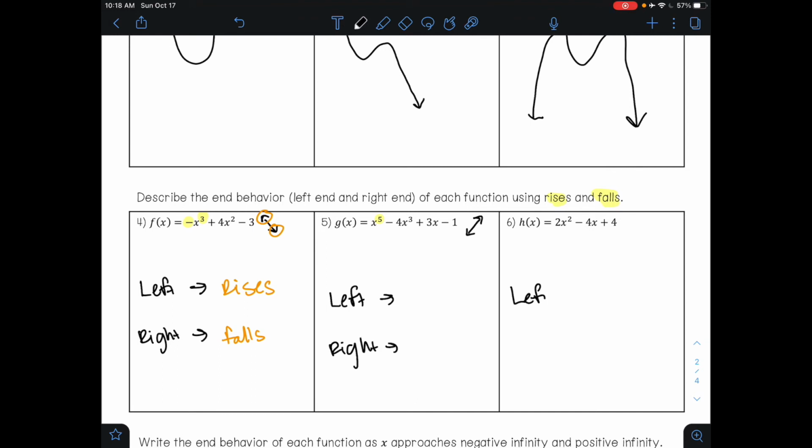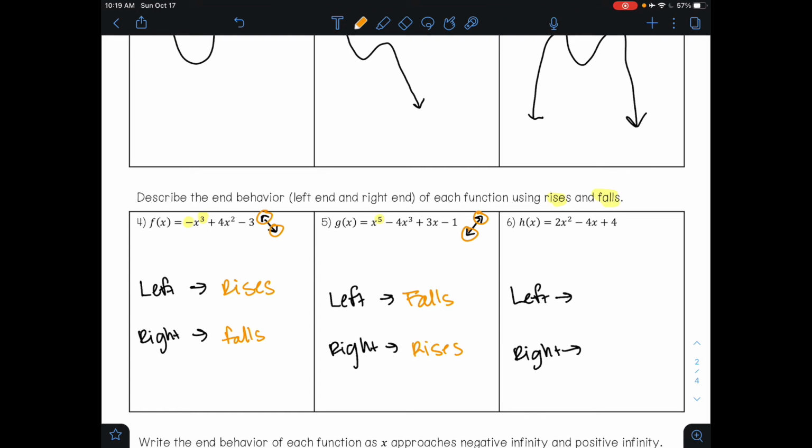Left side, right side. The left side is going down, so the left side falls. The right side is going up, so the right side rises. And if you weren't sure, you could graph that in Desmos and look at your left side and your right side.